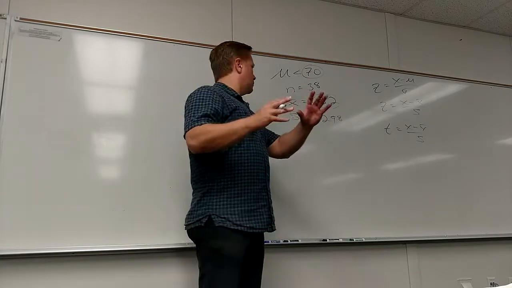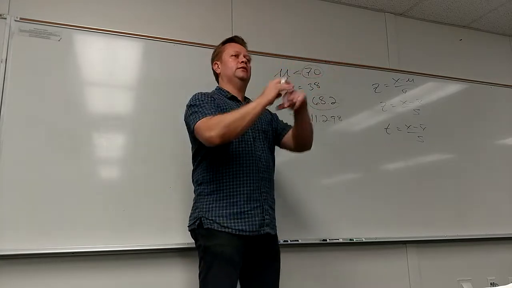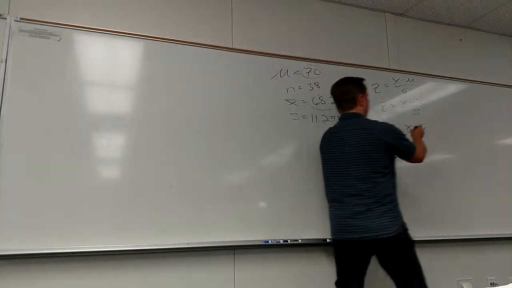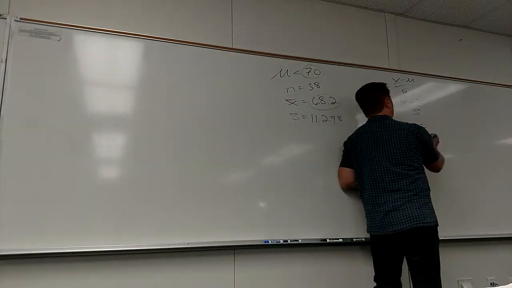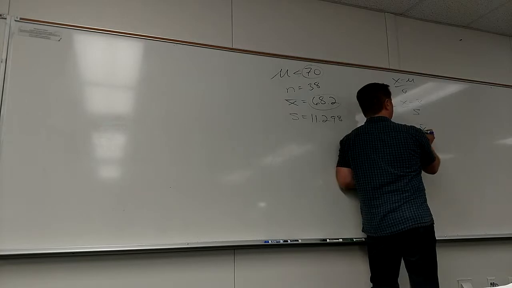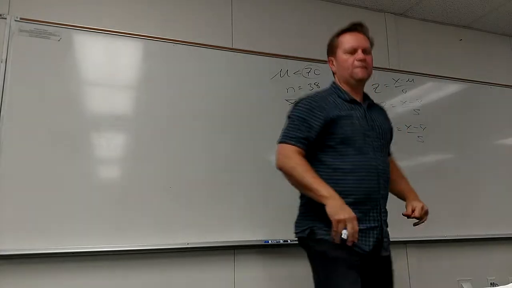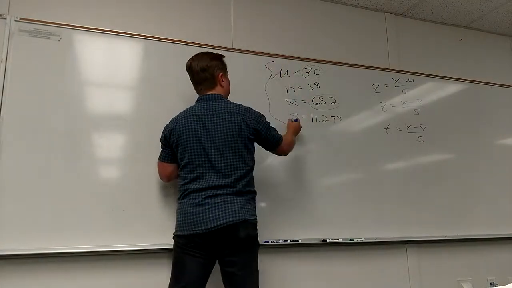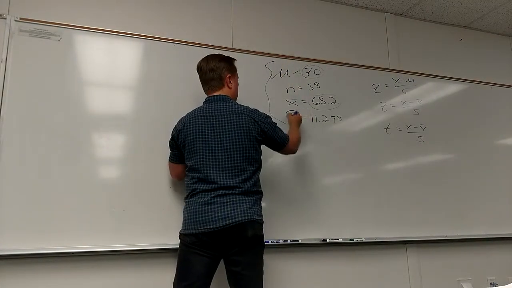So let's calculate this. How far apart are these two things then? Well, the major problem here is, let me see if I can get you guys with me. If I was going to calculate a t-score here, what's wrong with using this?